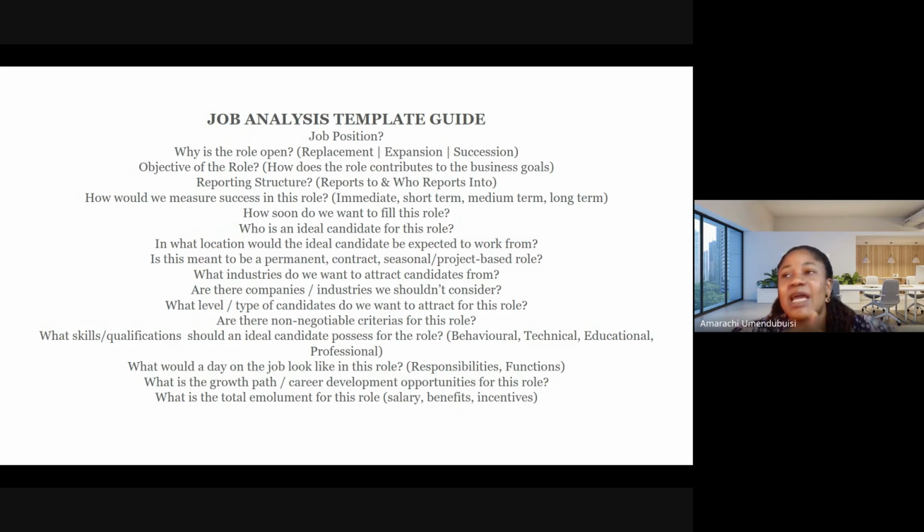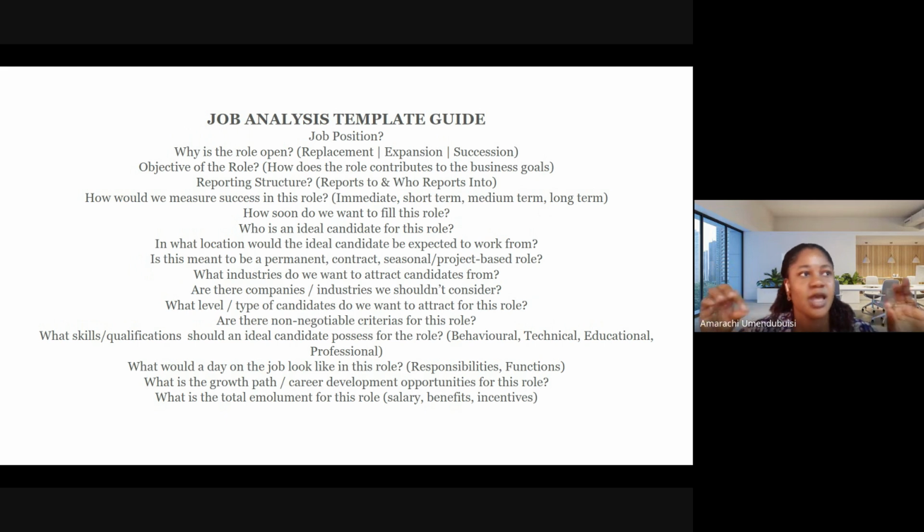If, for example, the line manager is someone that is very big on paying attention to details, or the line manager for that particular role is someone who is very big on punctuality, or the line manager is someone who is very big on meeting deadlines, or the line manager is somebody who is big on finesse, or somebody who is very big on fluidity when it comes to communication.